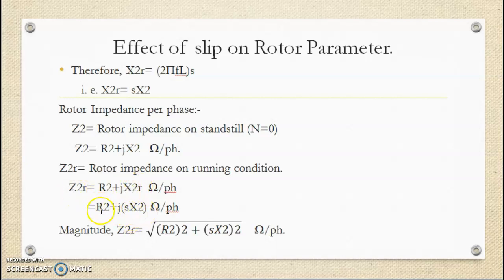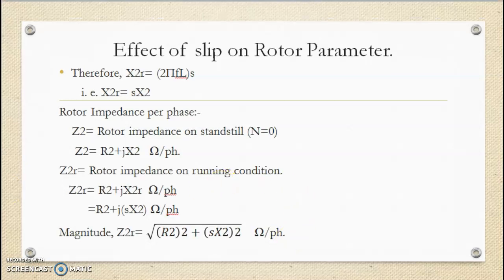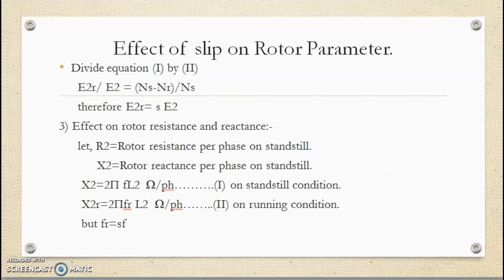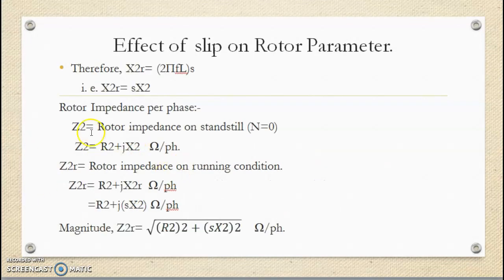So Z2R is equal to R2 plus j sX2 ohm per phase. And how to find out the magnitude? To find out the magnitude, we just have to take the square root of both quantities squared. So Z2R is the square root of R2 squared plus (sX2) whole squared ohm per phase. So this is the rotor reactance on standstill and running condition. Also we have found out the rotor impedance.